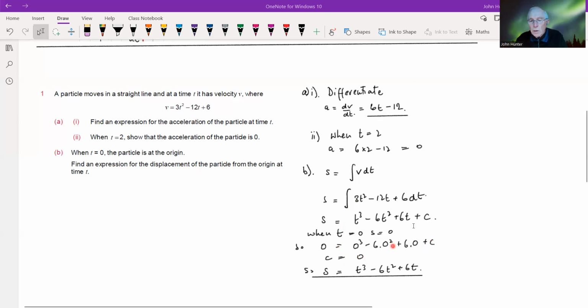So we can knock that out of that equation. This is what we call a general solution, but what we've got is a specific solution which applies to the situation that when t equals 0, the particle is at the origin, as opposed to anywhere else. So s equals t cubed minus 6t squared plus 6t is our expression for the displacement of the particle. So that's a fairly straightforward one.